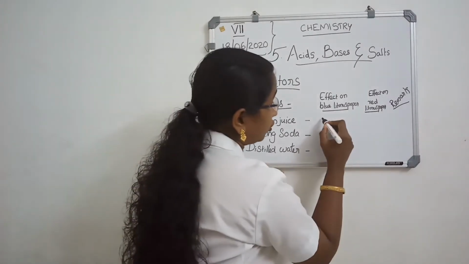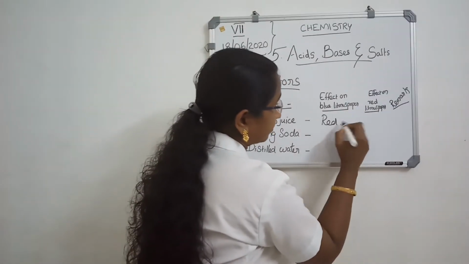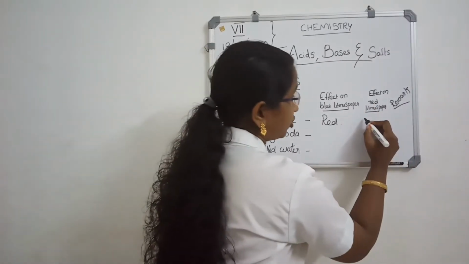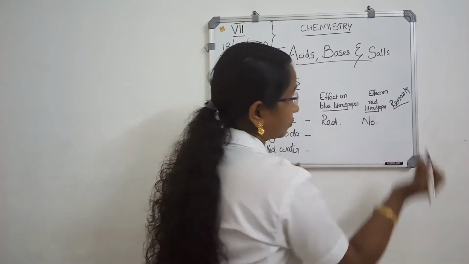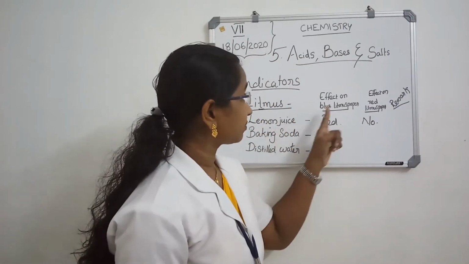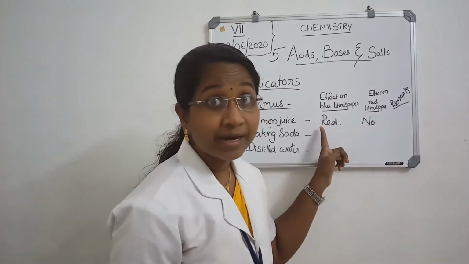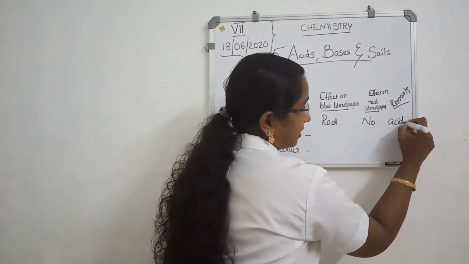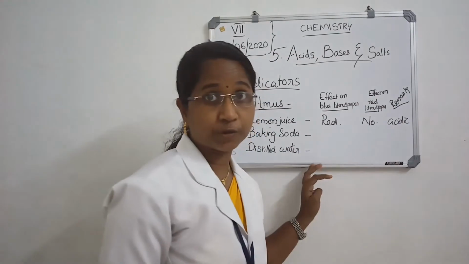It changes to red. Effect on red litmus paper, no change. It means blue changes to red, so it is acidic in nature.